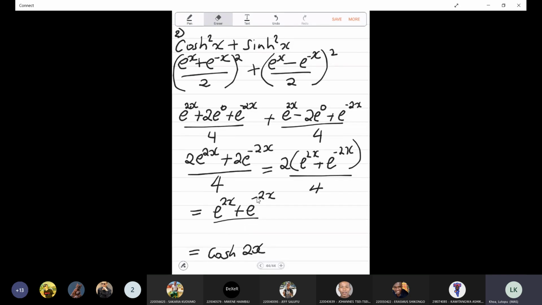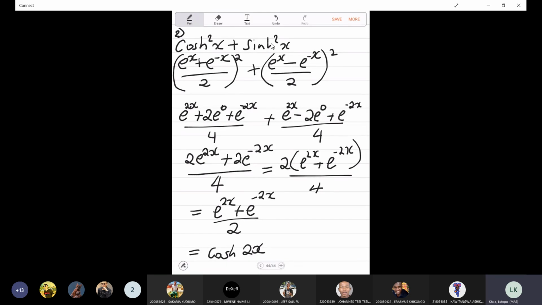This is not 4, this is 2. I think that's what somebody wanted to tell me. Okay, so this is like hyperbolic cos of x. So with hyperbolic cos, you have x and minus x. This time I have 2x and minus 2x. So this is the hyperbolic cos of 2x.